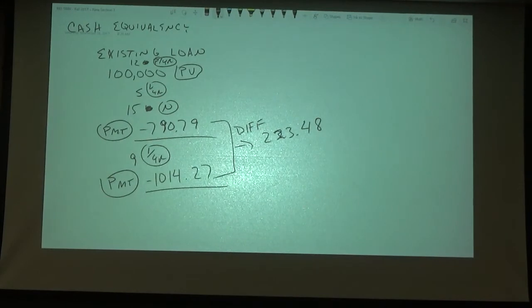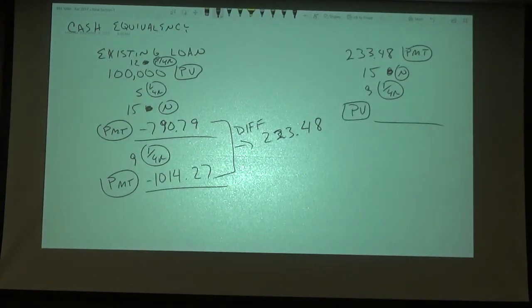And in this case, once again, we take that difference of the $223.48, put that in as a payment for 15 years, and then apply basically the 9% as the prevailing rate, solve for present value.